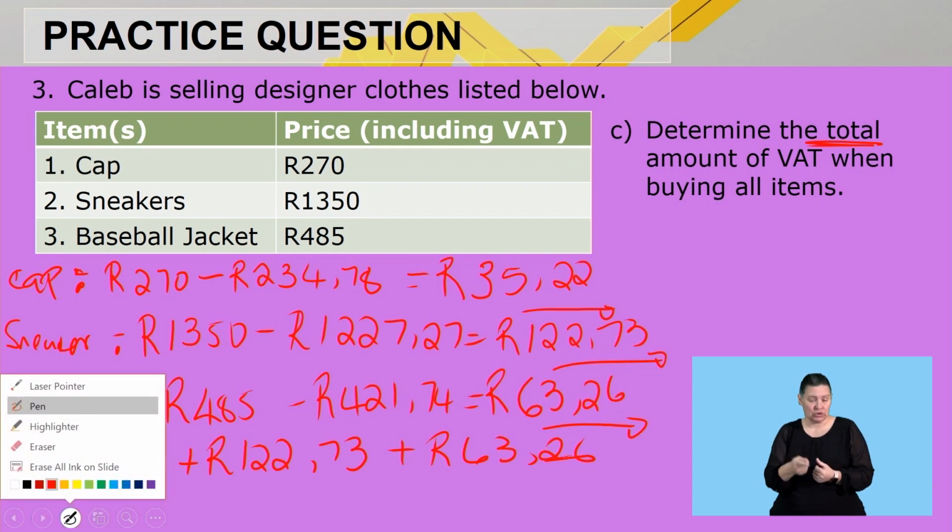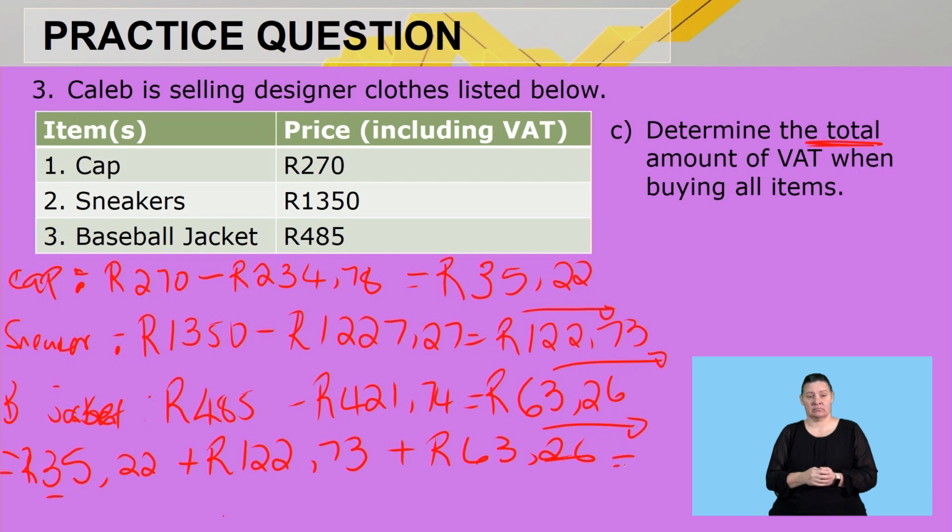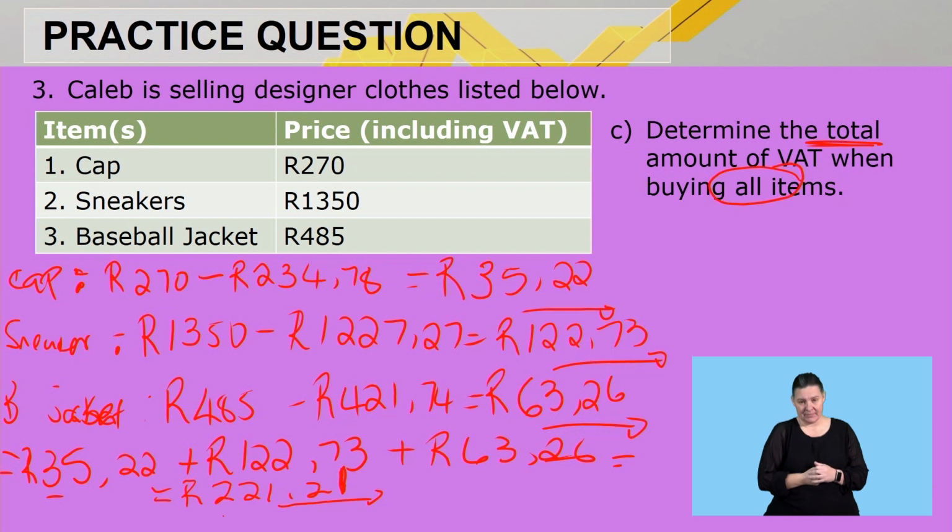Let's find the total amount: 35.22 plus 122.73 plus 63.26 cents gives a total of 221.21 cents. So this is the total amount of VAT charged when buying all these items.